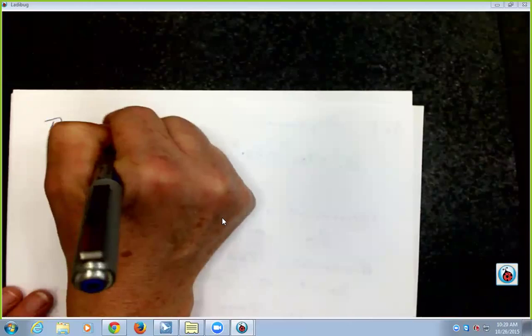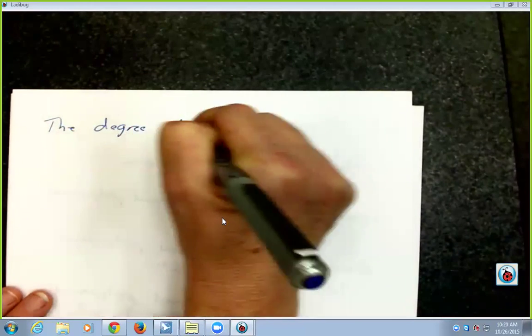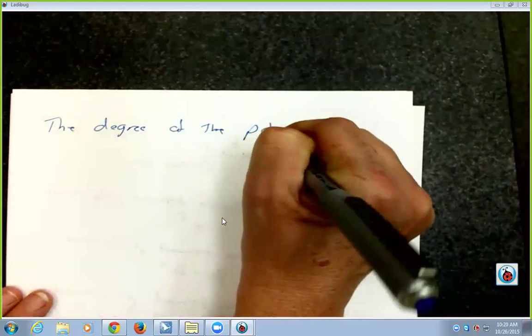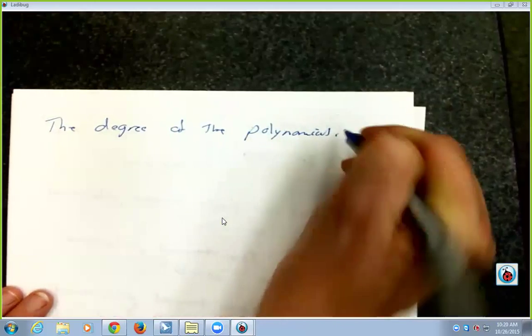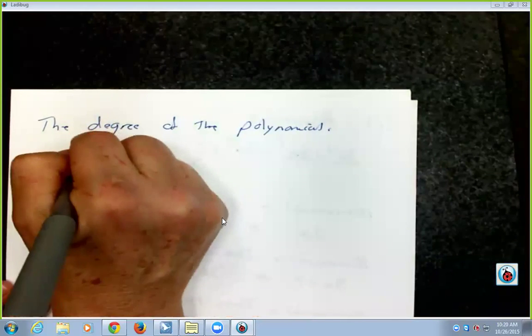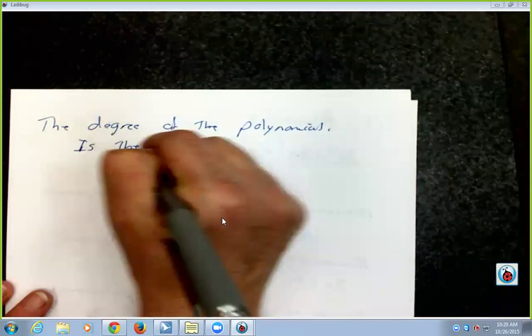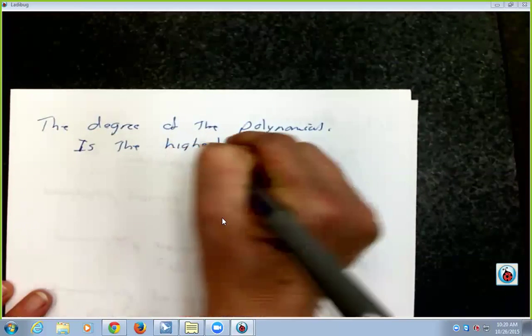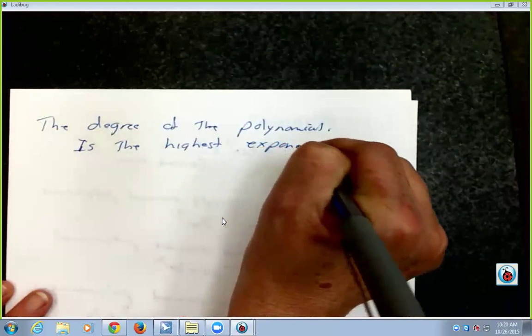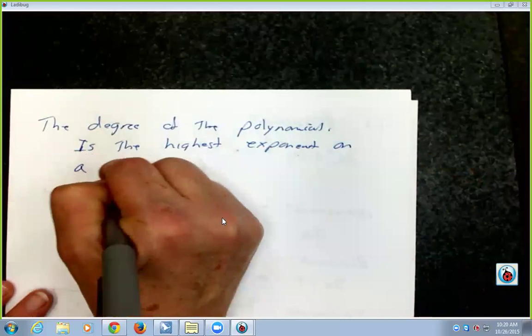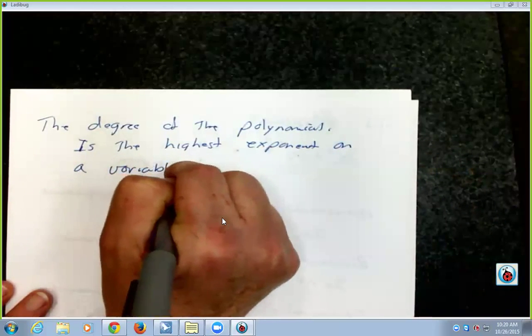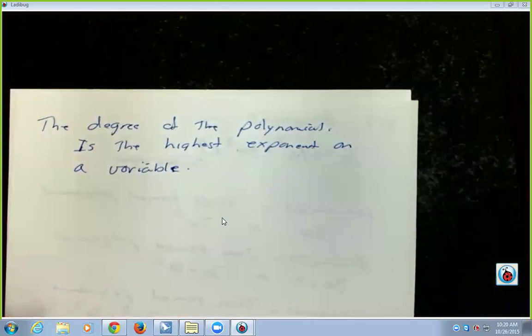The other piece they put in here is the degree of the polynomial. And the degree is the highest exponent on a variable. So the highest exponent on a variable.